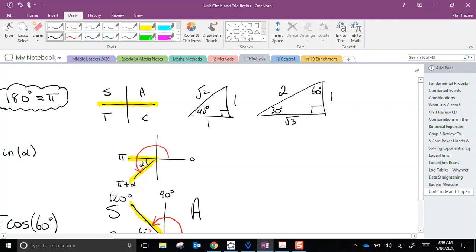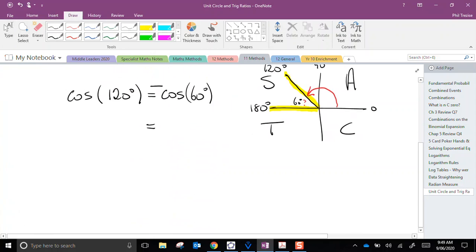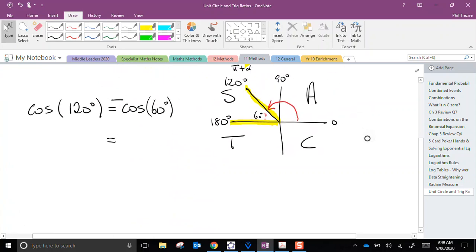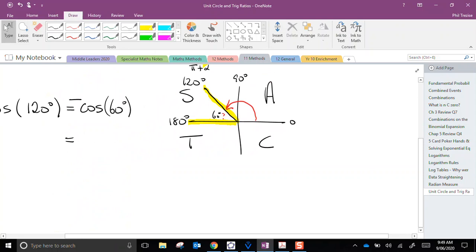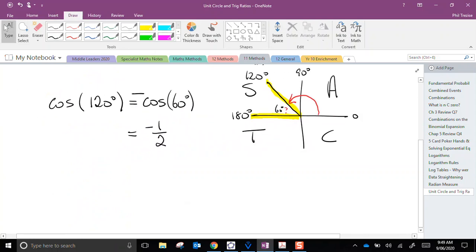Pythagoras will quickly tell us that the base then is root 3. So I needed down here the cosine of 60 degrees. Cosine of 60 is adjacent over hypotenuse. That's 1 over 2. So this is negative 1 over 2. That is the exact answer for the cosine of 120 degrees.